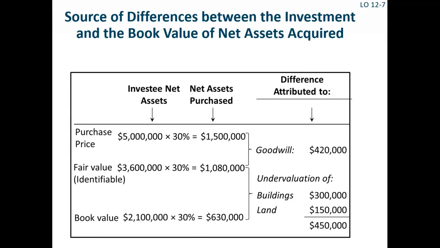Notice that in the illustration shown here, United paid $1,500,000 for 30% of the identifiable net assets that, if sold separately, would have a fair value of $1,080,000. The $420,000 difference between those two amounts is attributable to goodwill.